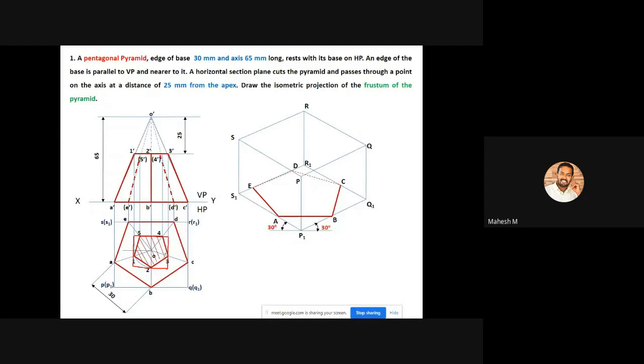Now you have to join all the 5 points with an imaginary rectangle or imaginary square. This particular rectangle is available exactly in the middle of this particular rectangle. What is our condition?